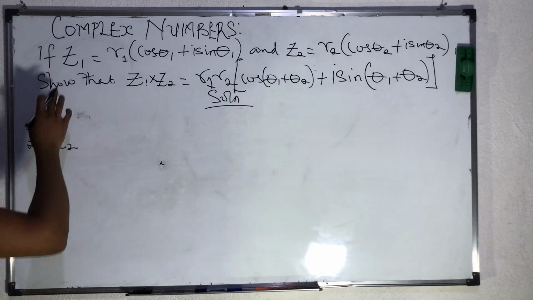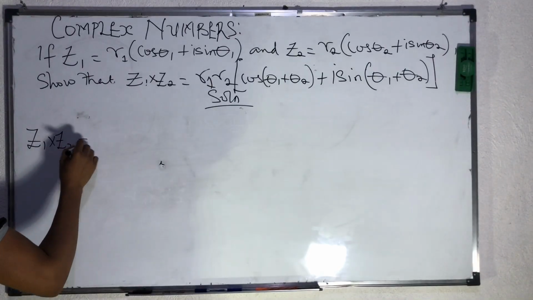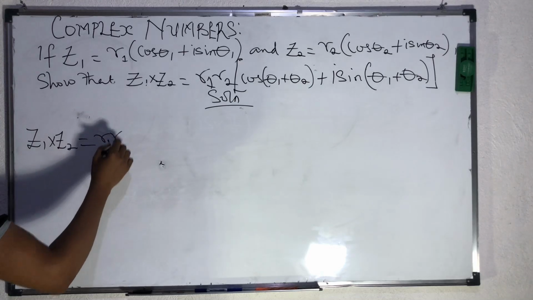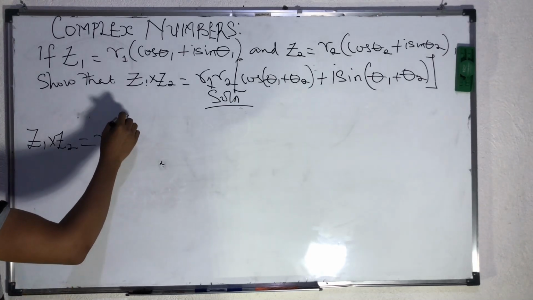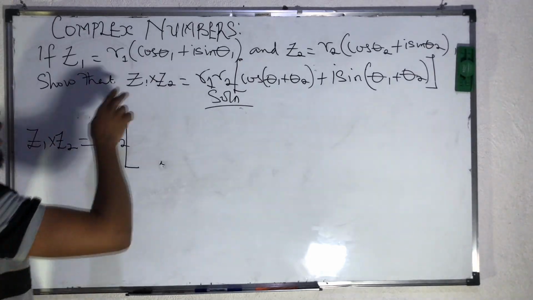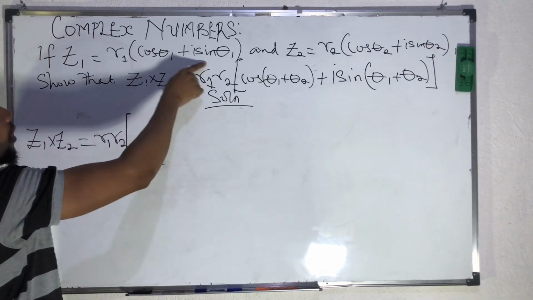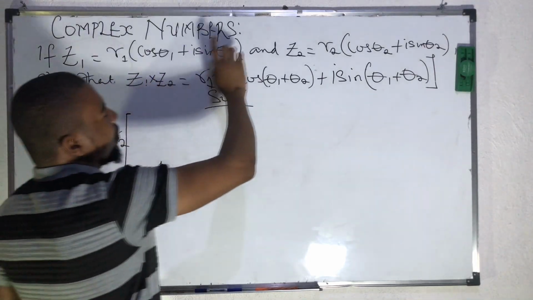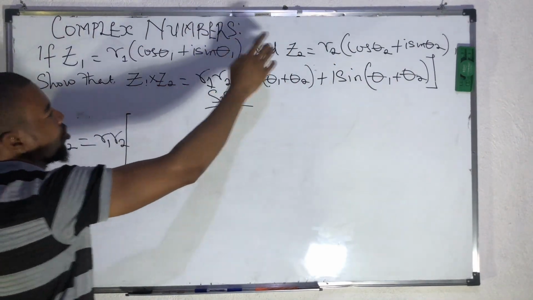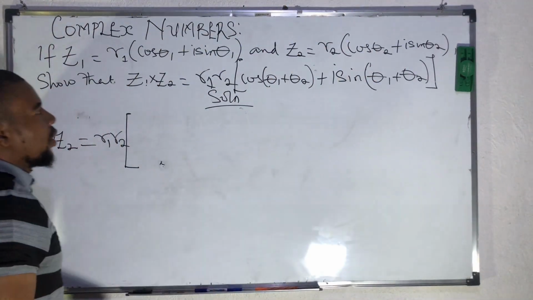If you multiply the two of them, what do you get? You have r1 multiplied by r2. Now you open a very big bracket. We shall use everything in the first bracket to multiply all the terms in the second bracket, everything on the left to multiply all on the right.